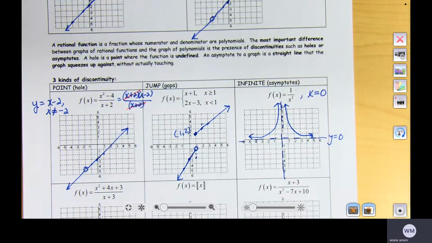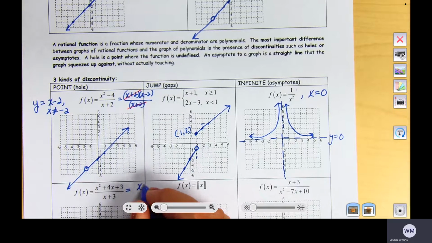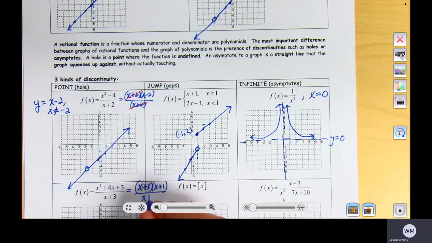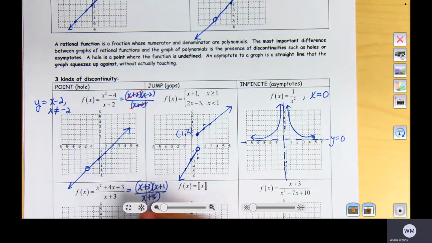All right, so let's take a look at this one right here. Again, I can divide or I can try to factor. I'm going to try to factor. So that's going to be what? X plus 3 times x plus 1 divided by x plus 3. Okay.